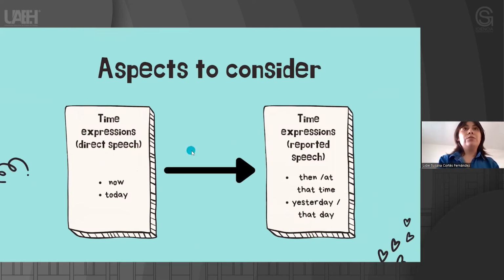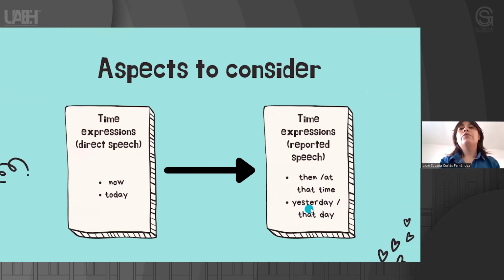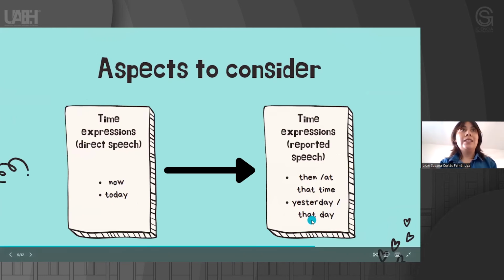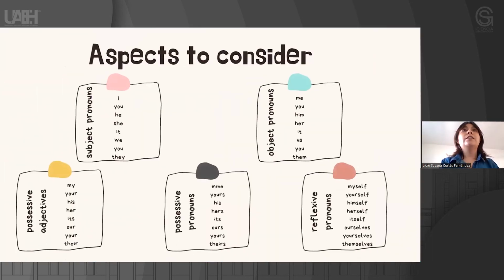So these are some aspects that we have to consider. The time expressions, "now" and "today", that we use in the present tense, this is our direct speech. But when we talk about reported speech, we have to change "now" and "today" for "then" or "at that time", or for "yesterday" or "that day", because we are not in the present anymore. And these are other aspects that we have to consider.